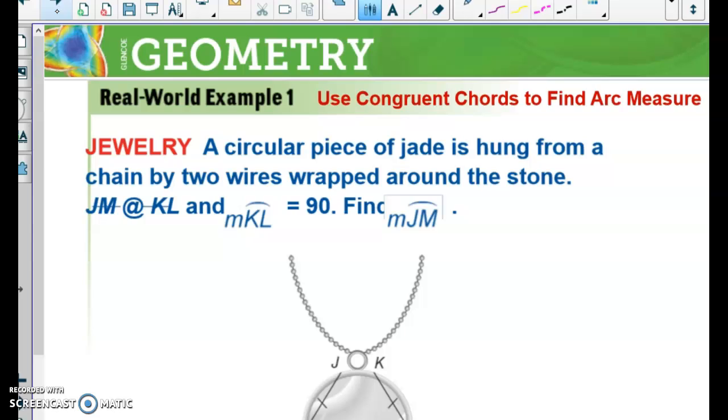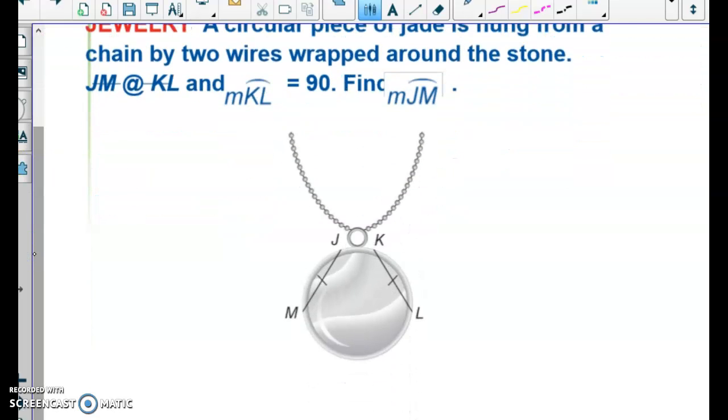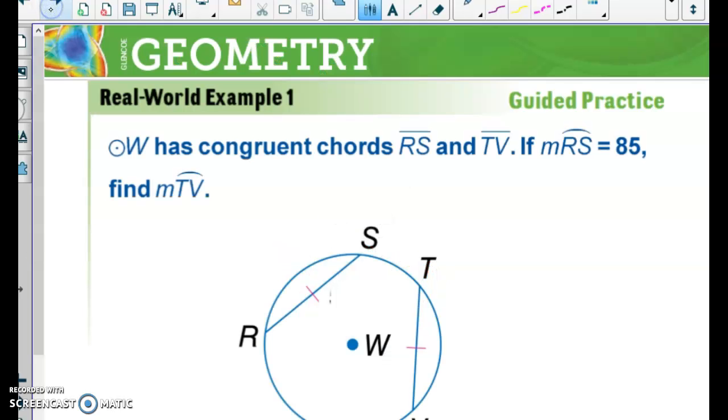On this one, it's asking us if these two are the same length, then those two are the same measure. So if one of them is 90, then the other one is also 90. Same deal with this one. They say that this arc is 85 degrees. If they are equal to each other, that's what those marks mean, then that one has to be 85.